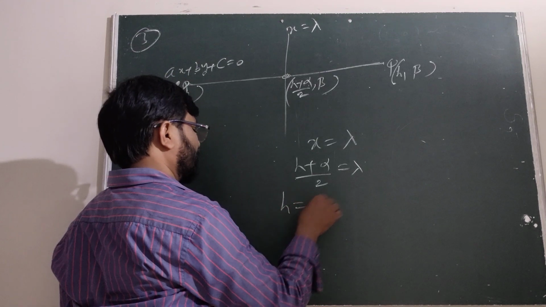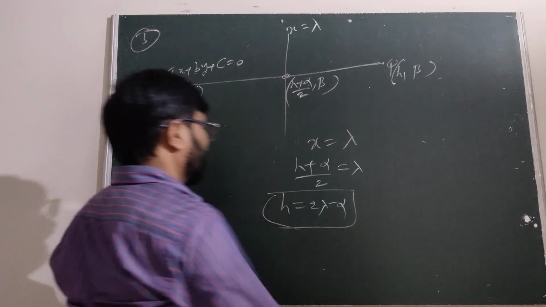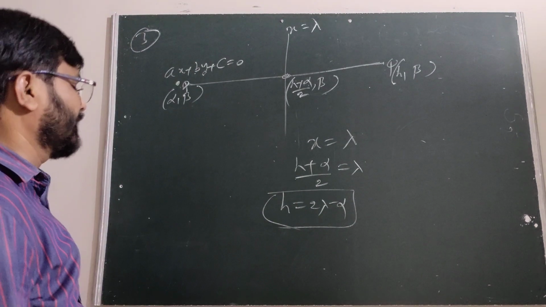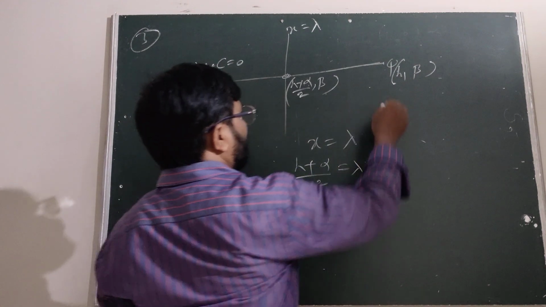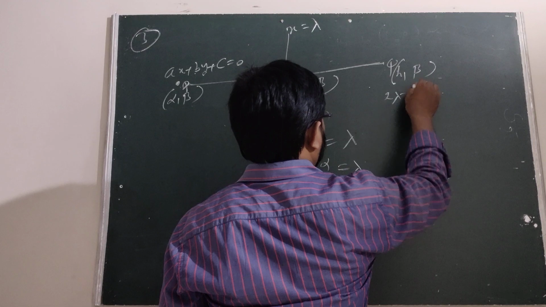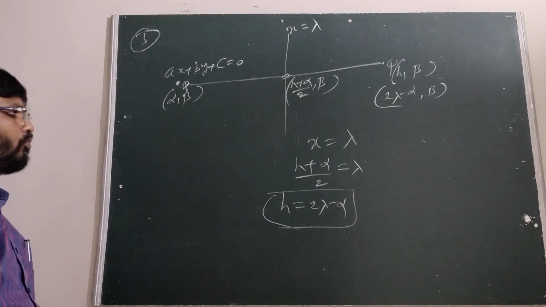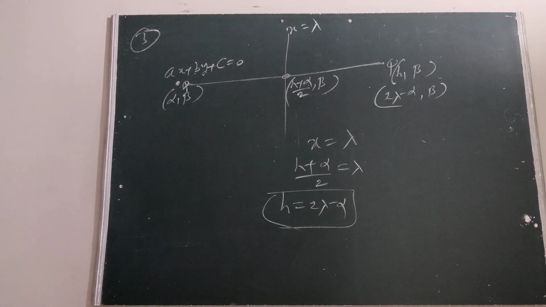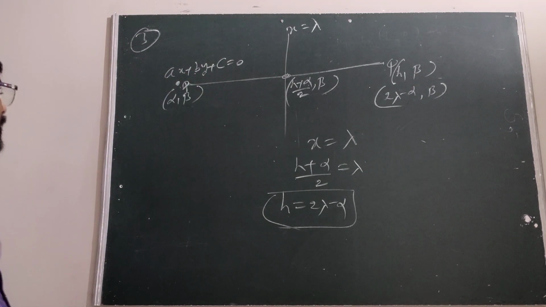Therefore h is 2 lambda minus alpha. So the image of (alpha, beta) is (2 lambda minus alpha, beta).